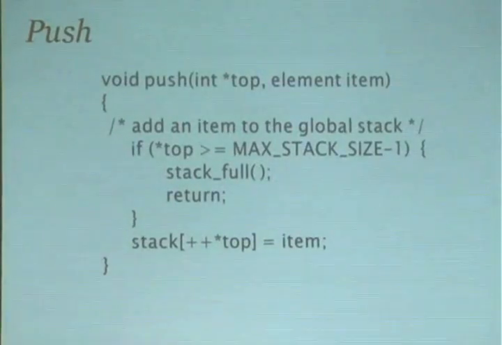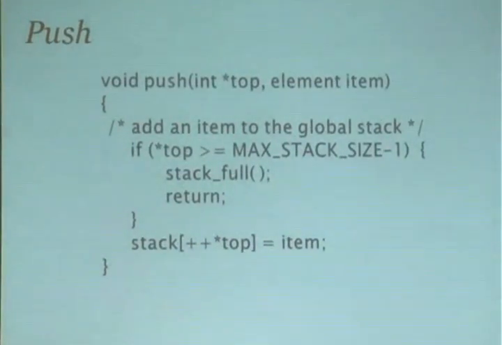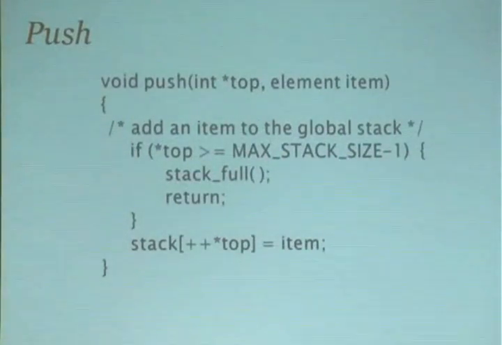The parameters are the address of top and the element item, which is of element type. Here, first, whenever pushing an element into the stack, check the maximum size. To check overflow, if there is no place, you cannot insert the element, and the stack full algorithm must be called.